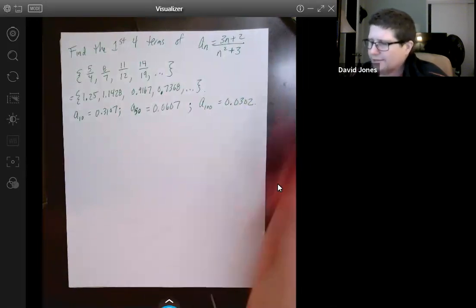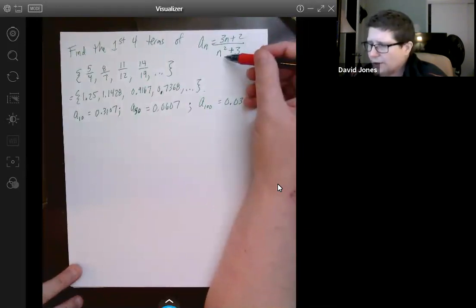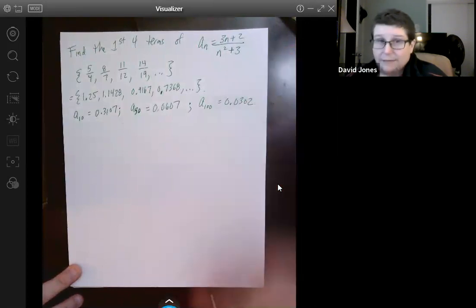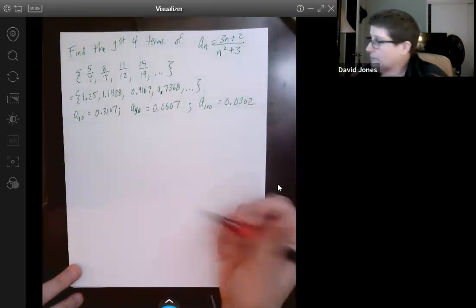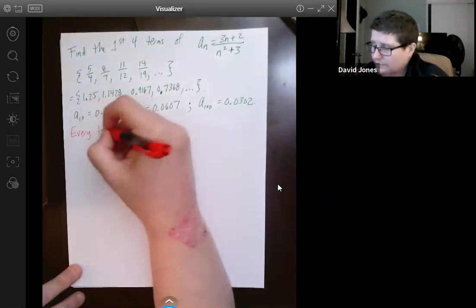None of them are negative. The top can never be negative. We're just sticking in positive numbers and we're adding a positive number to 2. The top's positive. We square a number, no matter what the starting number was, it's never negative after you square it. Adding 3 to it is going to make it always a positive number. So every term is positive. It's not alternating.